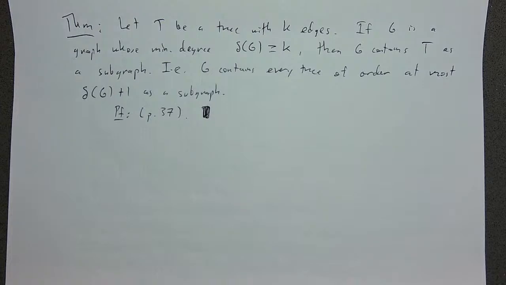There's not too many of them. And see it as a subgraph of that graph. You can up that minimum degree requirement to see what you can find here, but this is giving us a condition on a graph containing a tree as a subgraph.